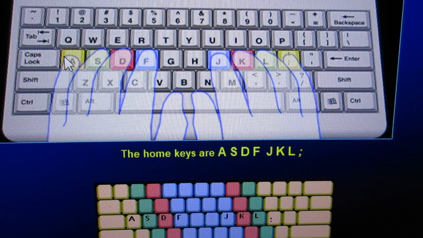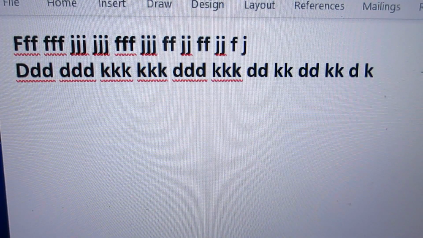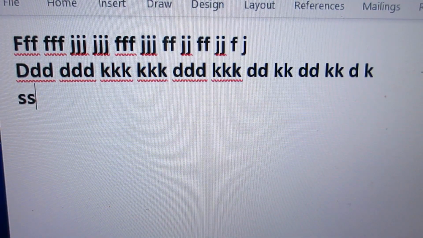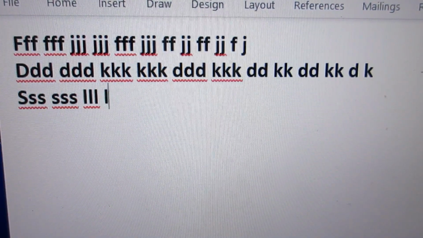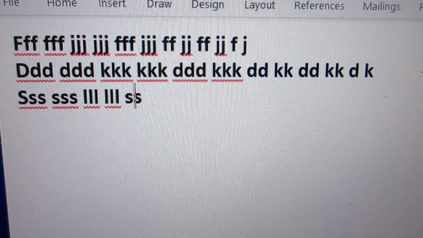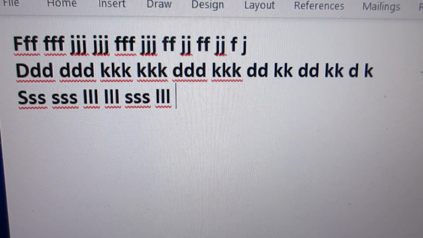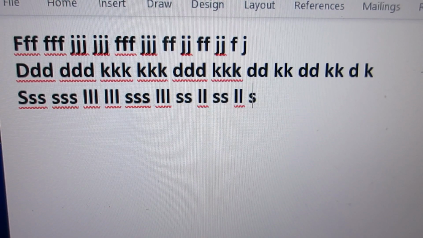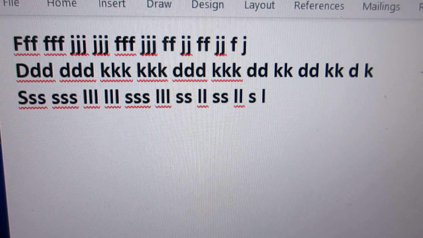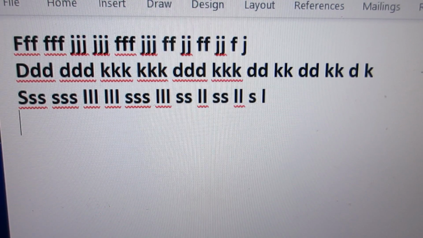Don't move this while typing the S and L. Okay, so it goes like this: S space L space L space S space L, S S, L L, S S, L L, S space L. Enter key. Okay, so repeat that line again.